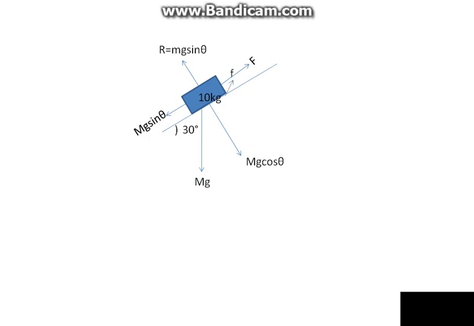The force acting along the inclined plane is mg sine theta, while the force acting perpendicular to the inclined plane is mg cos theta, which is also the reaction. The weight still remains mg. We are also given that mu is still 0.5.